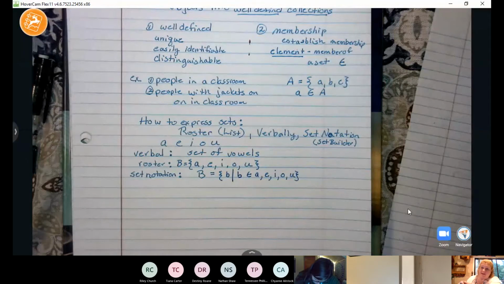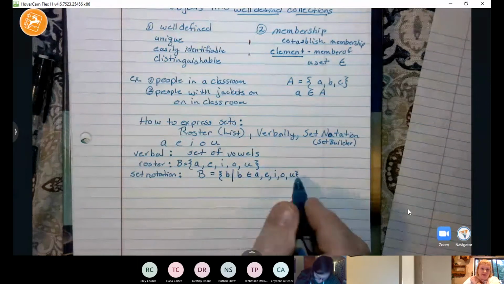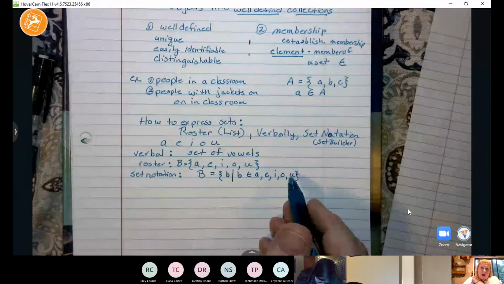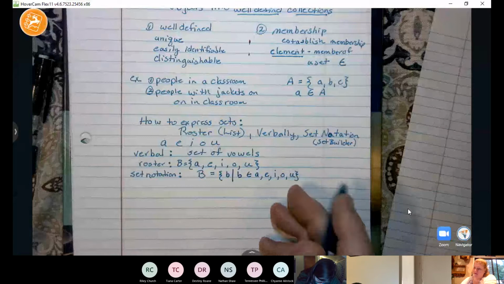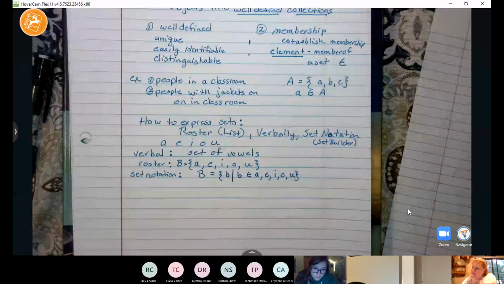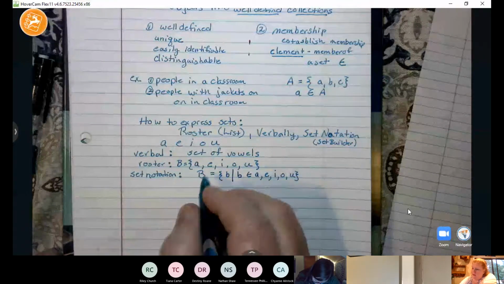Now, if we had a set that had a whole lot of elements, this would not be a very efficient way to write that set. So there are some shorter ways that you could use.